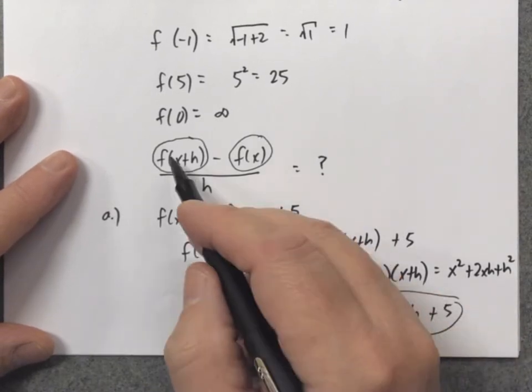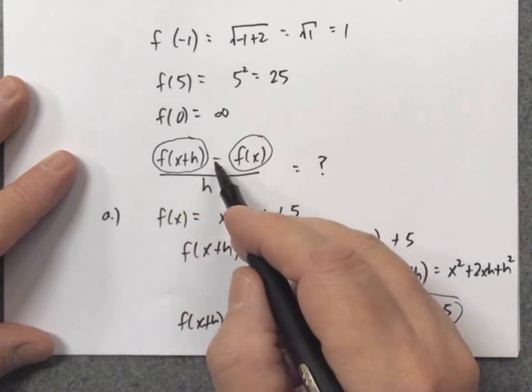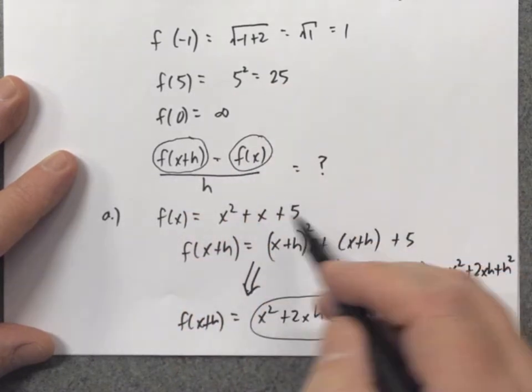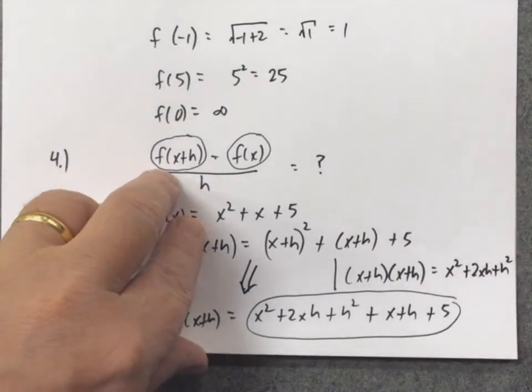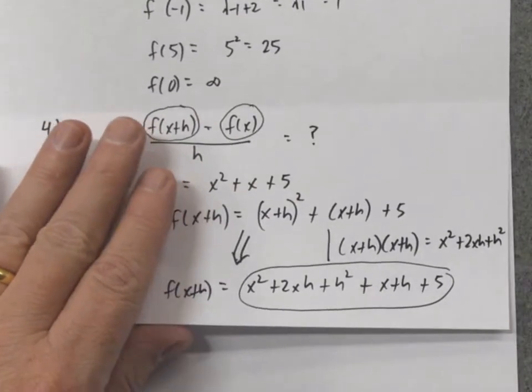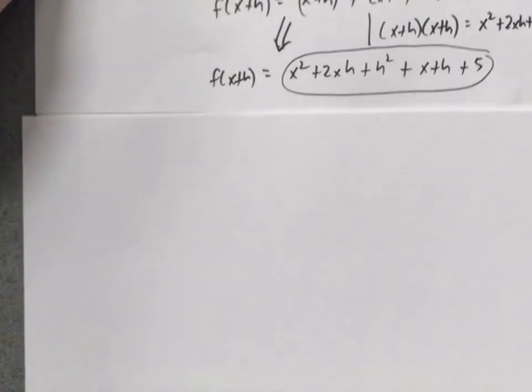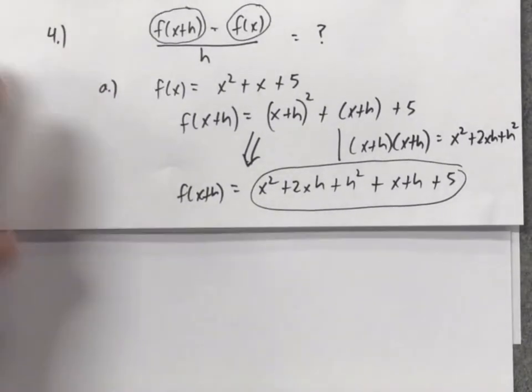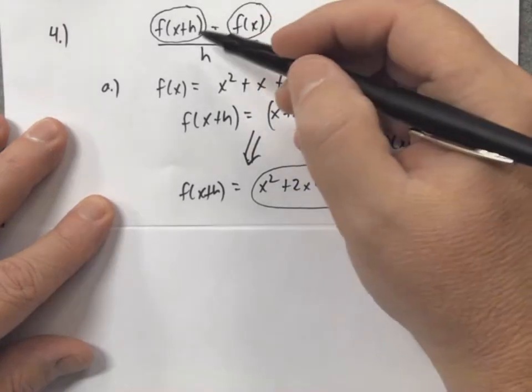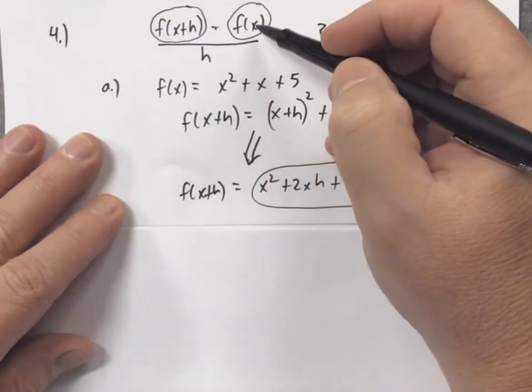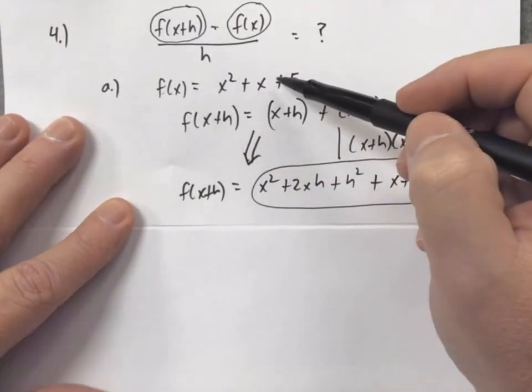I've got to plug that in up here, and then I've got to subtract f of x, my original function. So let me try and make way to show that. Let me sort of fold this over. So once again, here's my original expression, this difference quotient. Here's the function I'm given.